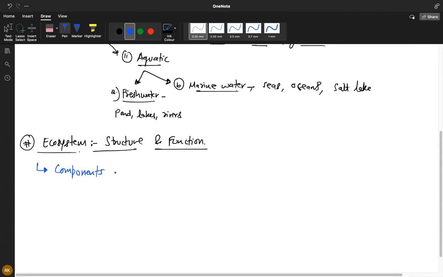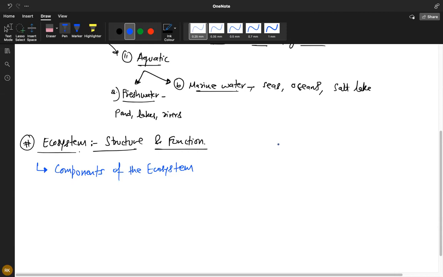You're right, but you're not giving the complete picture. Think again: decomposers as well. Yes, right. Decomposers are a very important component of every ecosystem. So what Fatima said, just look back and think, Fatima.